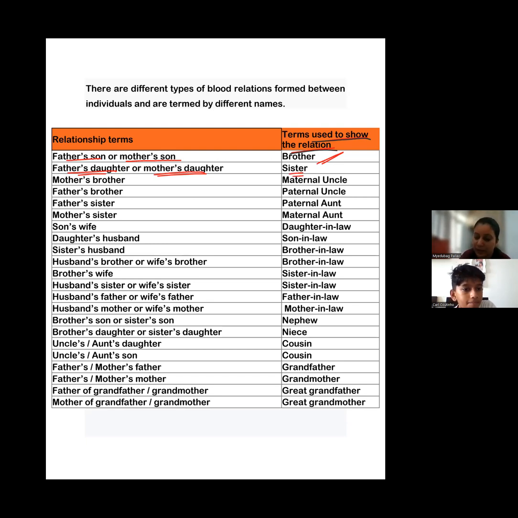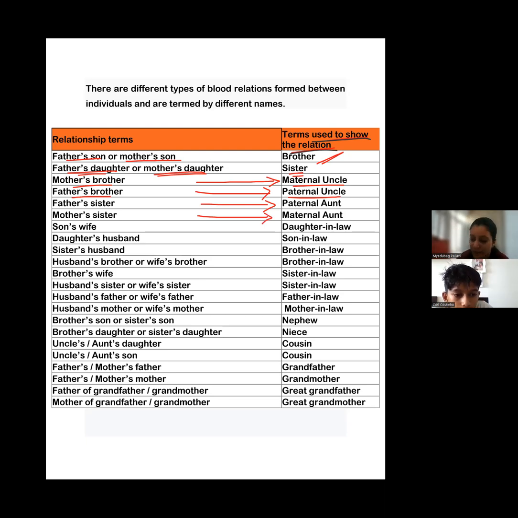Then your mother's brother will be your maternal uncle, and your father's brother will be your paternal uncle. So all the relations from your mother's side will be maternal, and all the relations from your father's side will be paternal. Similarly, father's sister will be paternal aunt, and mother's sister will be maternal aunt.